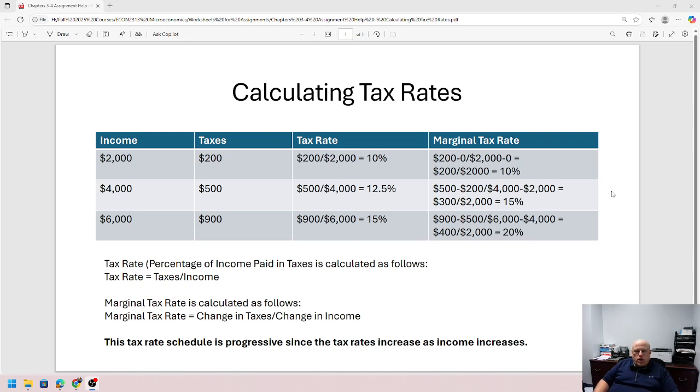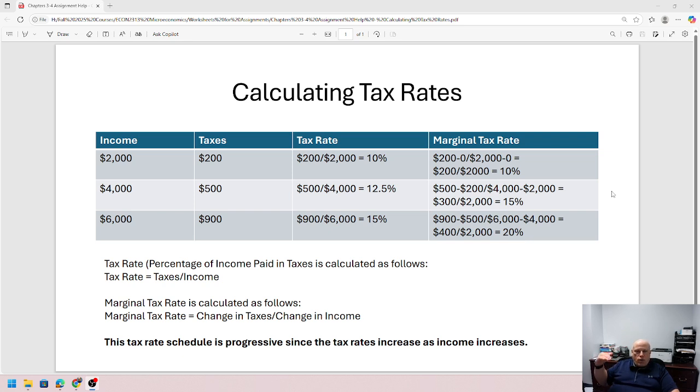In this video, what I'm going to do is show you a demonstration of how to calculate the tax rates that you will need to calculate for one of the questions on the chapters 3 and 4 assignment. One of the questions will give you a table of 3 different incomes and the tax amounts that go with each one of those incomes, and it will ask you to compute the tax rate for each of those.